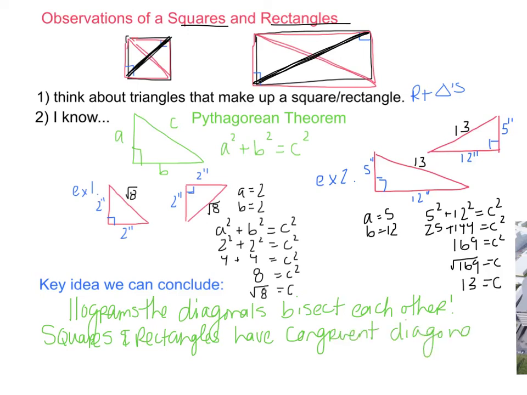So it doesn't matter how you cut it, the diagonals are congruent and they bisect each other. So here's what you know, just to recap. Squares and rectangles have diagonals that cut each other in half, but the diagonals are also congruent.